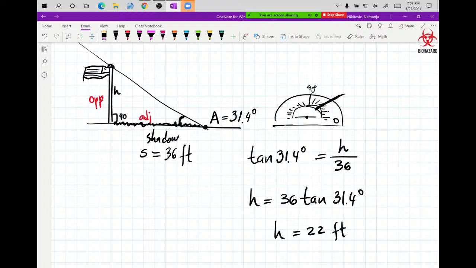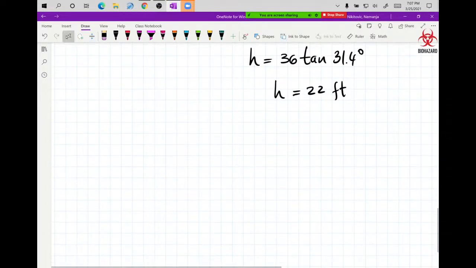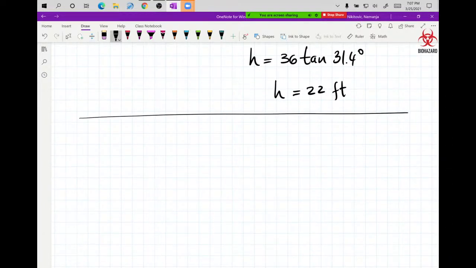Now there are other problems that you can solve, and they all involve the triangle, clearly, right?